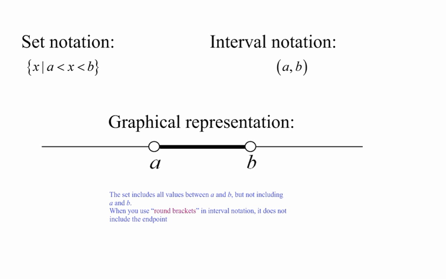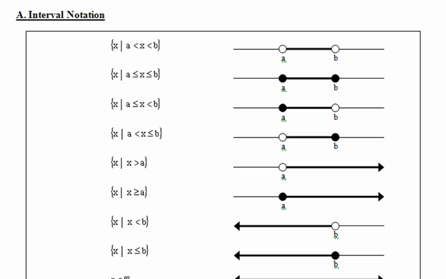So, some little notes before we get started. I'm just going to get the page that you have in your books. When we have an open circle, that always means it doesn't include it. It's not equal to at that point, and so that's going to be an open or round bracket.